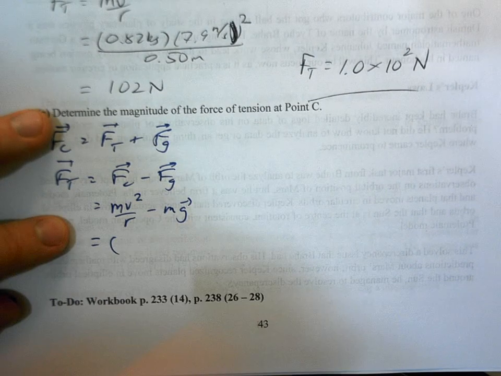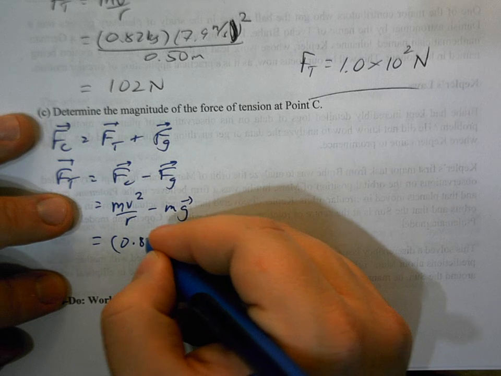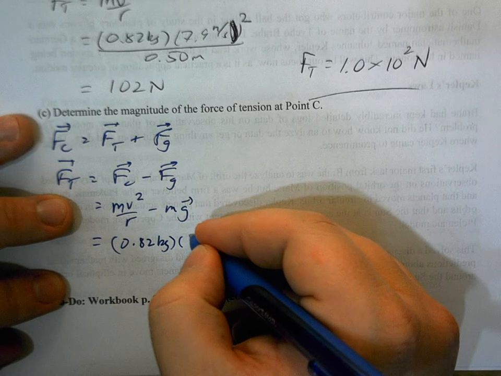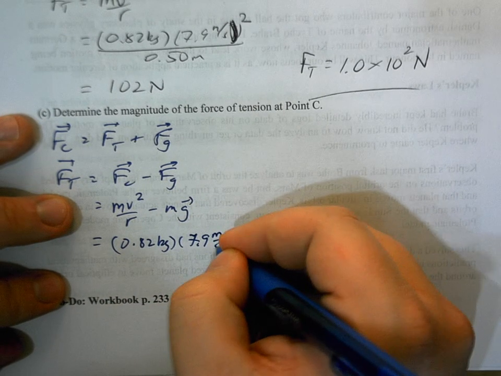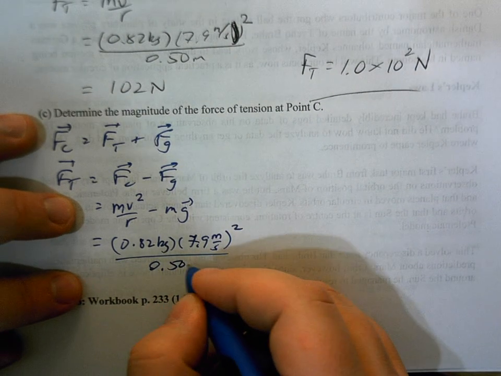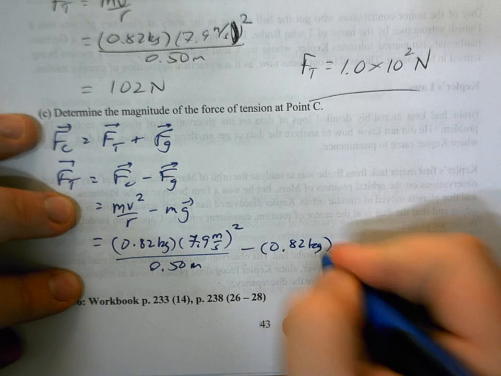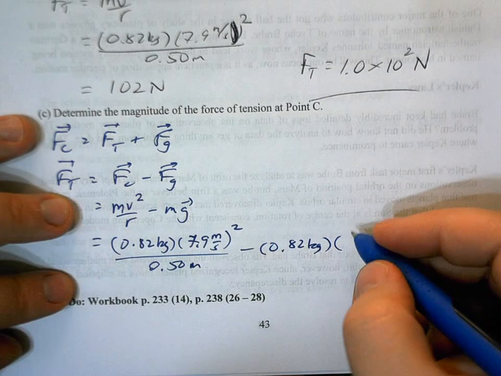Because otherwise, if we don't account for that, we're just going to get the same answer as we did in A. So I cannot stress enough, once again, be really mindful with direction and draw a free body diagram for everything. The free body diagram will save you a hell of a lot of frustration.